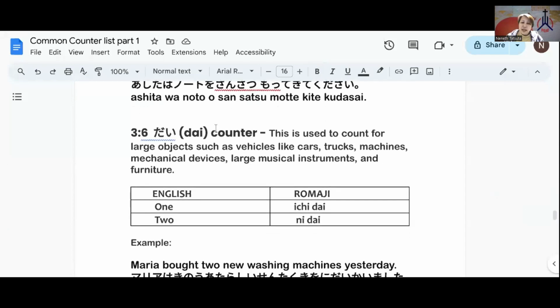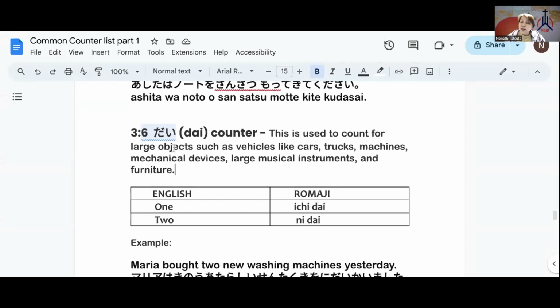Next, dai. The dai counter is used for vehicles like cars, trucks, machines, mechanical devices, large musical instruments, and furniture. So your sofa is dai, or your dining chair is dai. Washing machine is dai.